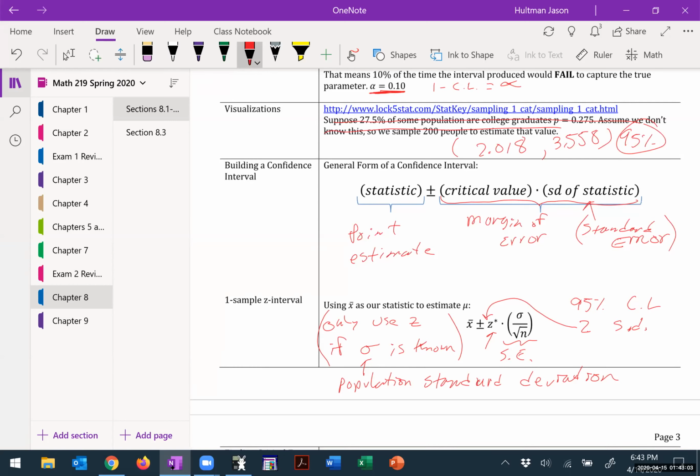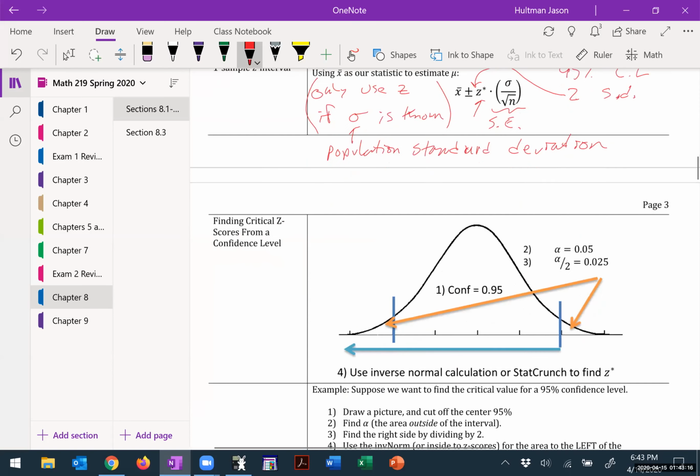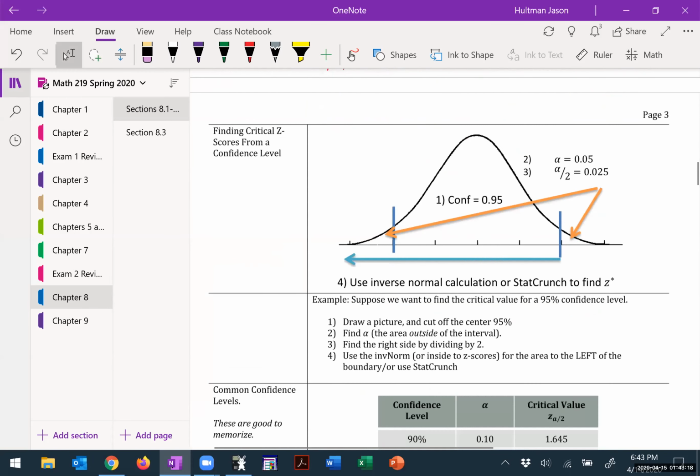But if the standard deviation is given, then we use Z.